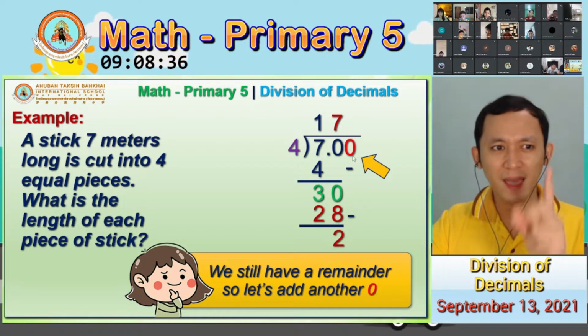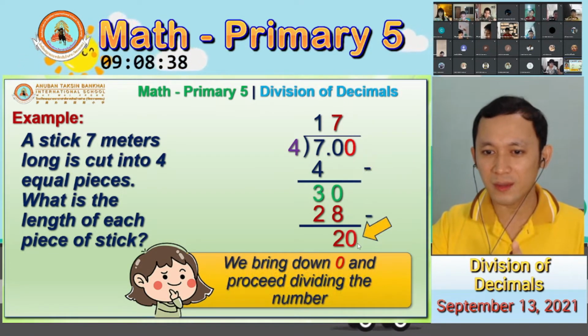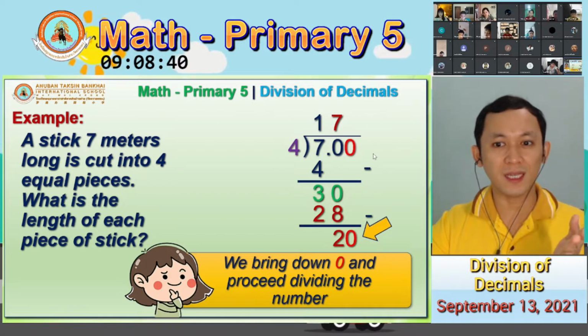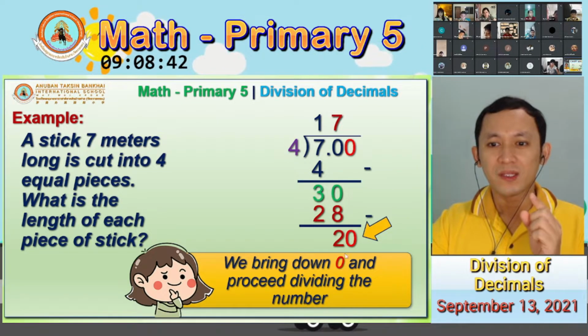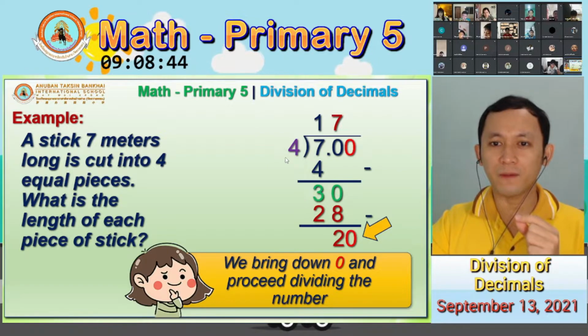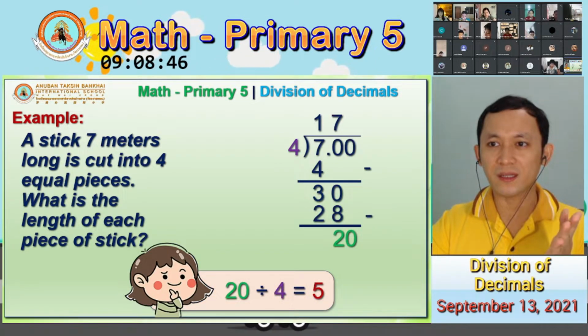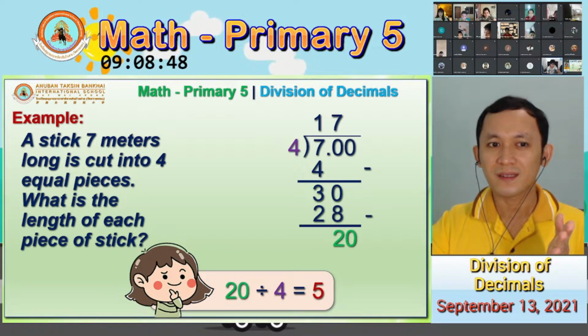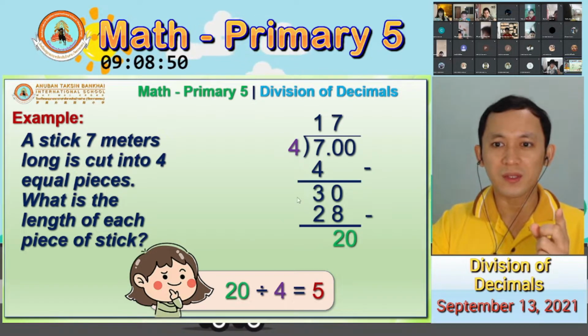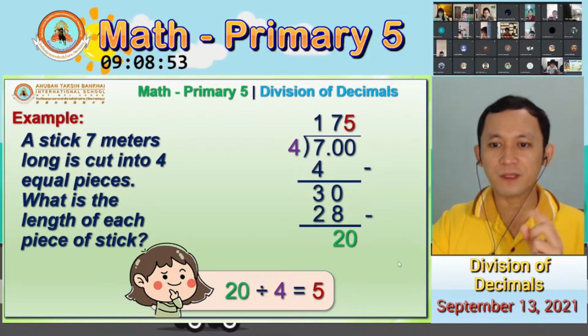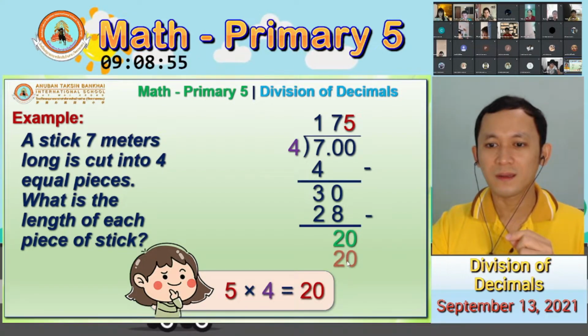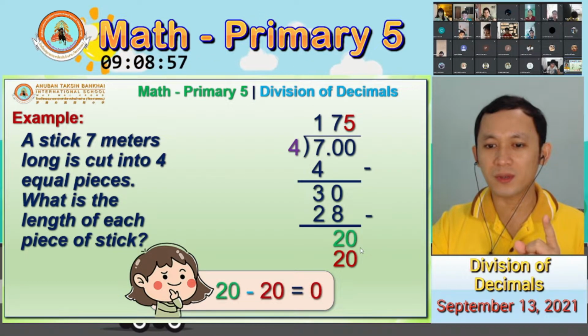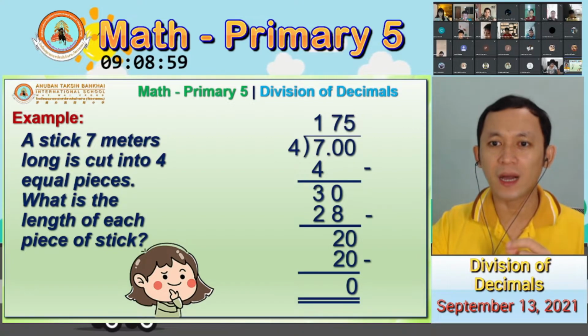Let's add one more 0 and bring down the 0. So we have 20. We have 20 divided by 4. What's the answer? We have 5. Very good. So we write 5. 5 times 4, we have 20. Let's minus, 20 minus 20. We have now 0.